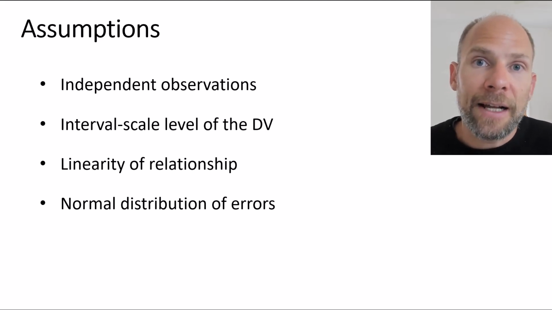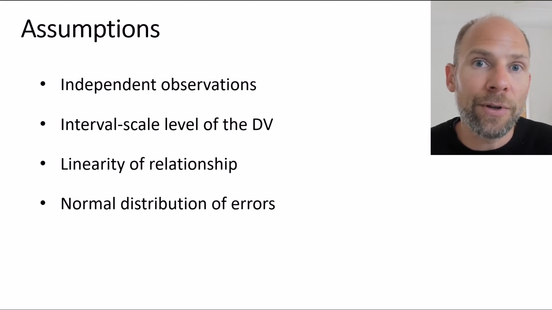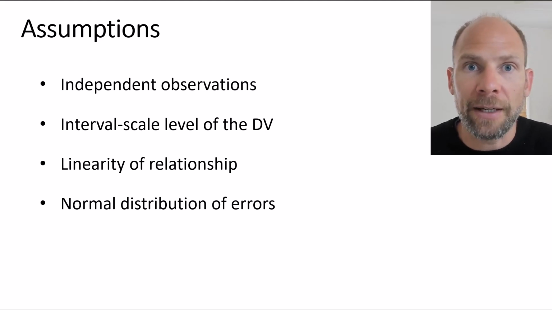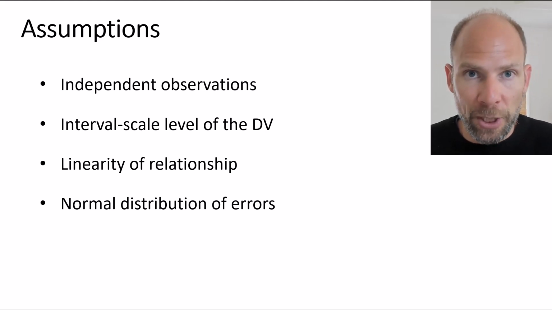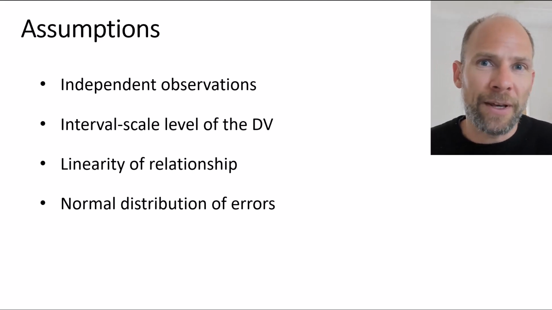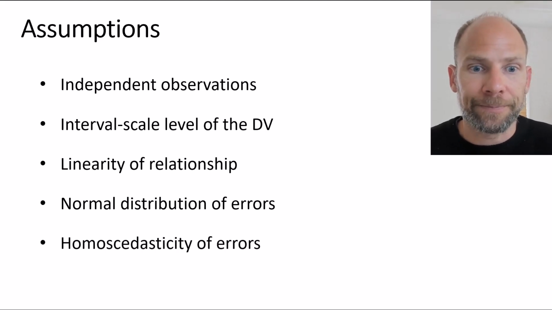Furthermore, as in analysis of variance, we make the assumption of a normal distribution of the error scores. So you want to check that the errors E are normally distributed, for example, by taking a look at a histogram of the residuals, which you can obtain, for example, in SPSS, or a normal probability plot of the residuals, which allows you to figure out whether the residuals are approximately normally distributed.